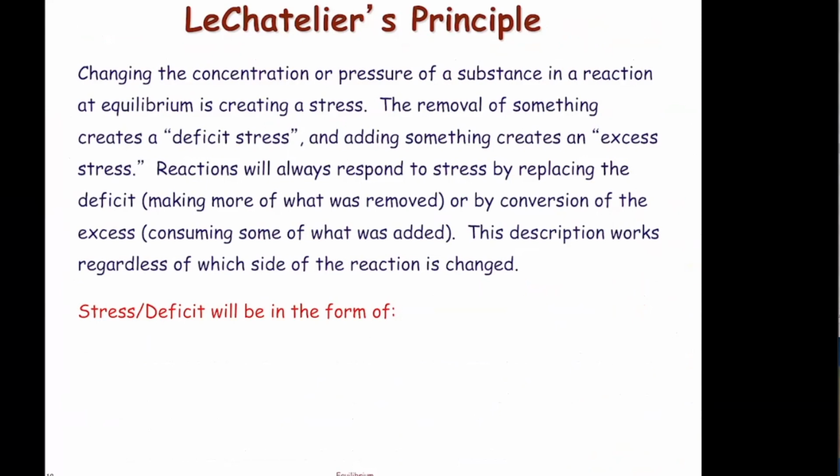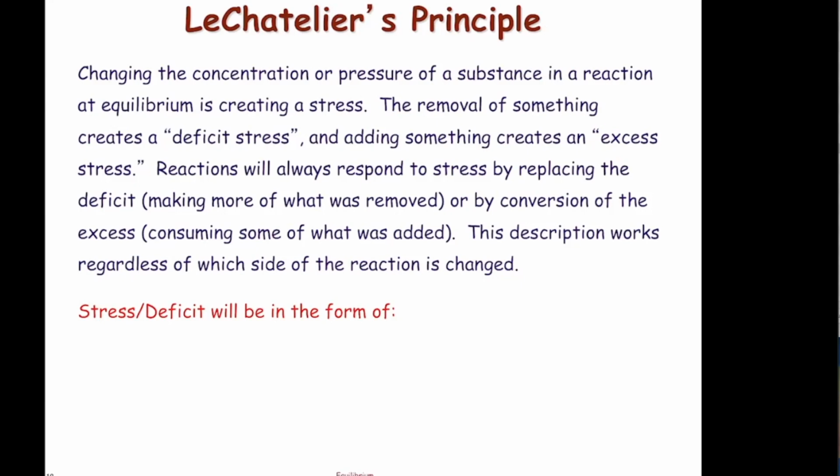So if you have a reaction at equilibrium and you apply a stress, you can apply a stress by adding more chemicals or removing chemicals. So you're upsetting the equilibrium. In other words, you're upsetting that mass action expression. Well, according to Le Chatelier, when you upset a reaction at equilibrium by either adding a stress or causing a deficit, the reaction will self-adjust.